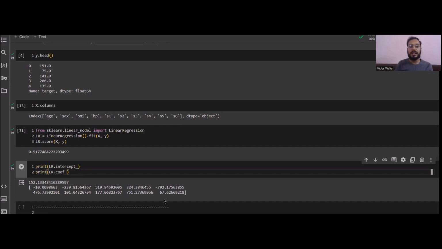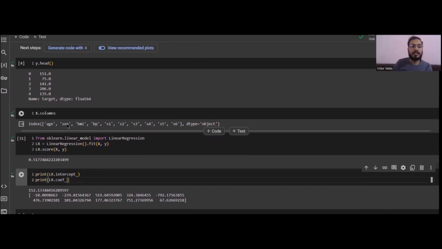So these are the 10 coefficients for each of these variables. In order to write an equation, I will write 152.13 minus 10.009 age minus 239.81 sex, 519.84 BMI plus 324.38 BP, and so on and so forth.